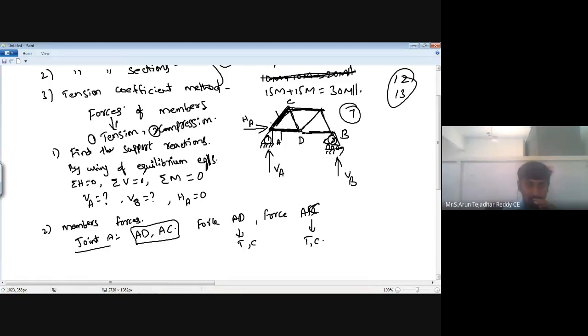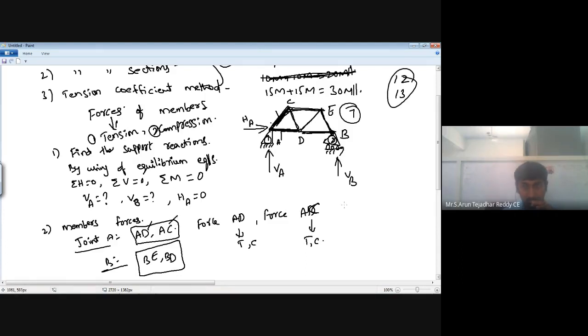At joint B, how many members are acting here? That is BE and BD. So if I take joint B, again I will calculate 2 unknown forces. Like that, we need to calculate the different members by using joint equilibrium equations, while calculating AD force and AC force.